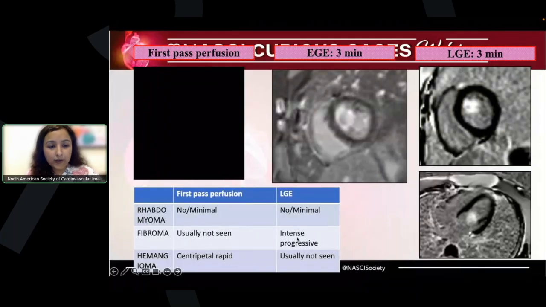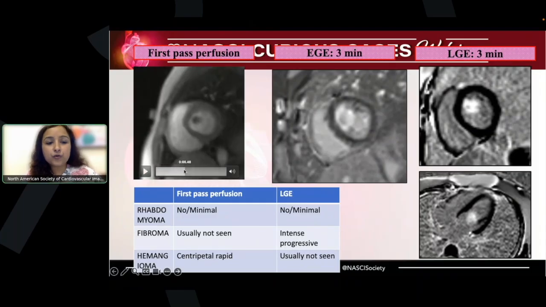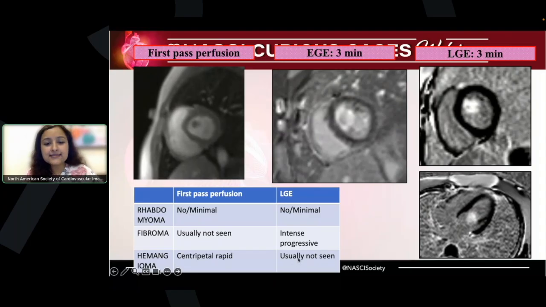In a fibroma, intense enhancement is usually seen, but on first pass perfusion a fibroma usually does not show enhancement, because the fibrous tissue does not take up much contrast on the first pass. A hemangioma shows rapid peripheral first pass enhancement, which was also not seen in this case, but it doesn't show too much LGE like this. So definitely not very typical for hemangioma also.